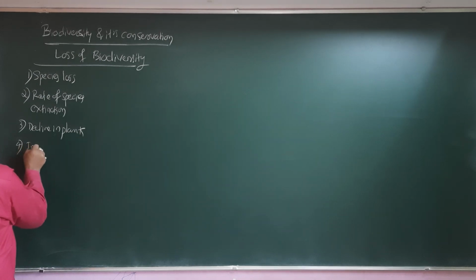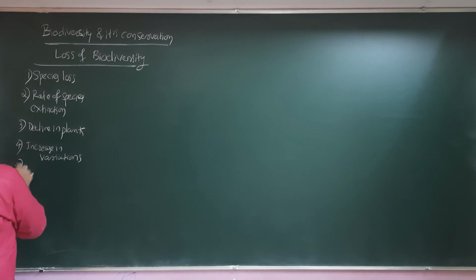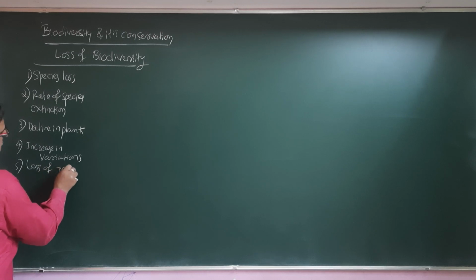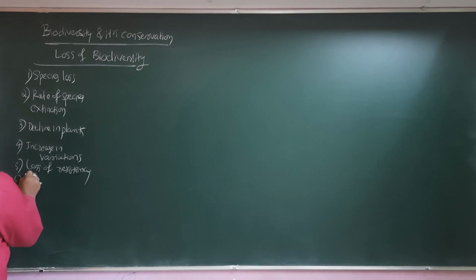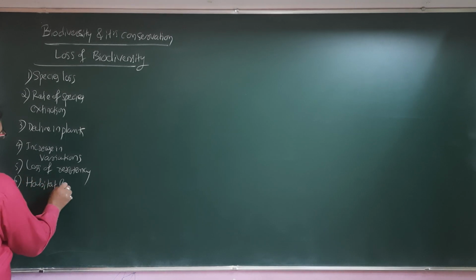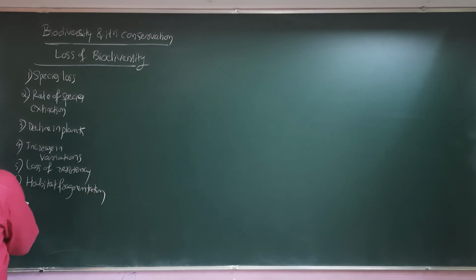Number 4, increase in variations. Number 5, loss of resistance. Number 6, habitat fragmentation. Number 7, overexploitation.